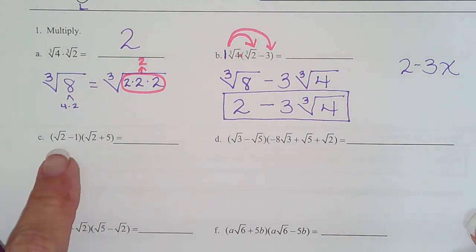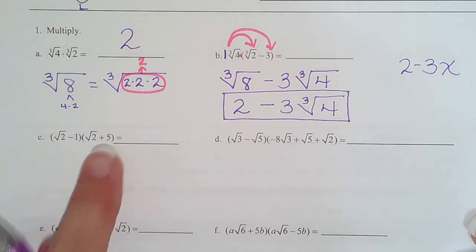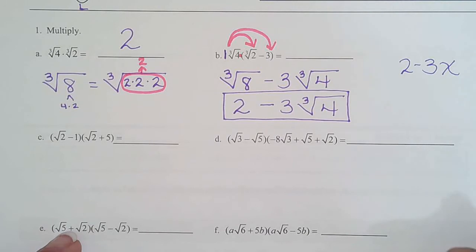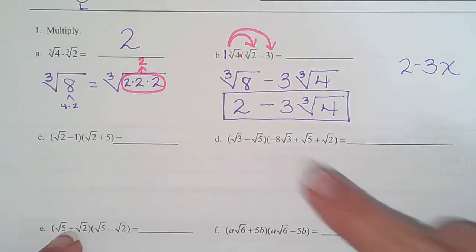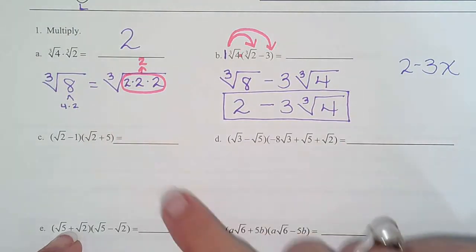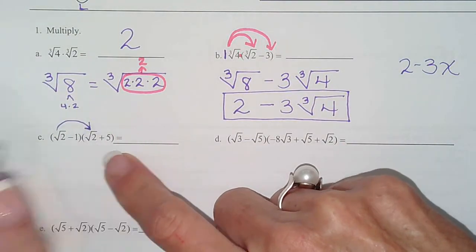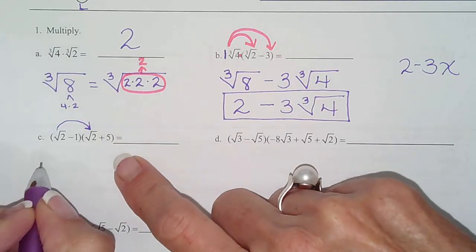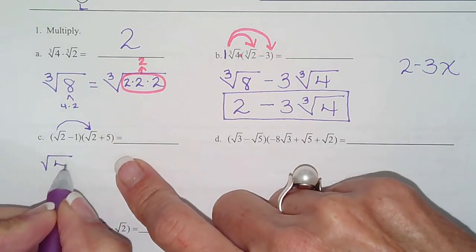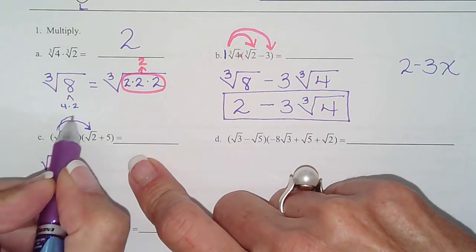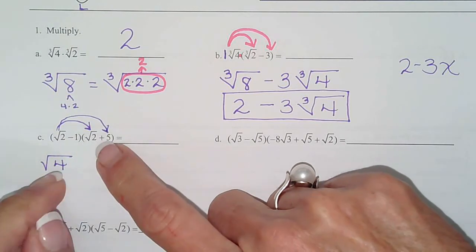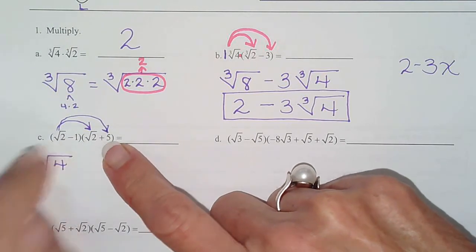Okay, this next one, 2 terms by 2 terms, that's a FOIL problem. And remember, don't just FOIL and stop and circle your answer. You always have to look and see if things simplify. So from F, we get square root 2 times square root 2, which is square root of 4. From O, we get positive 5 square root 2.